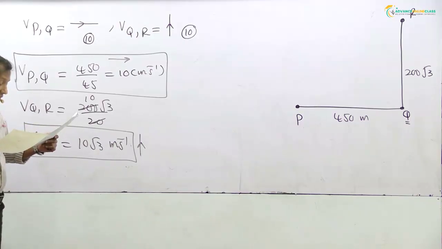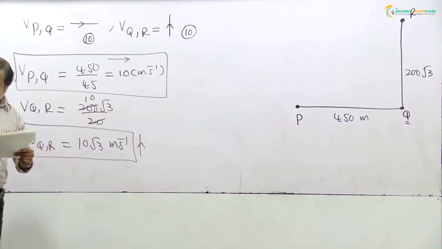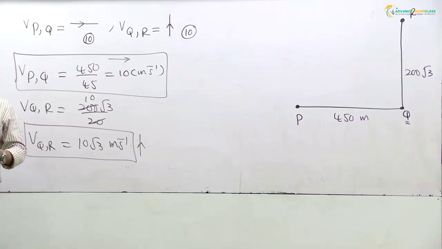And find the distance between boat P and boat R at the instant when boat Q meets boat R. That is 20 seconds. Okay.